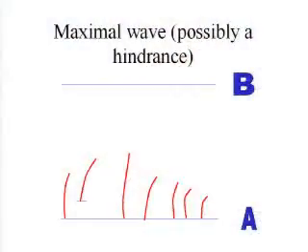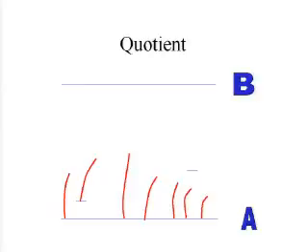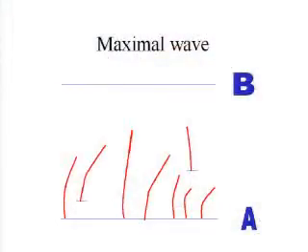So what we do is we just choose a vertex, take a quotient of it. And then we take a maximal wave, which is possibly a hindrance. Now we take a quotient about some other vertex, and we take a maximal wave.